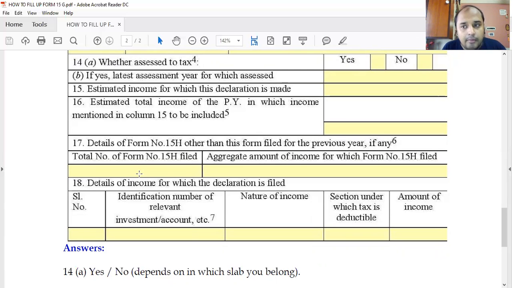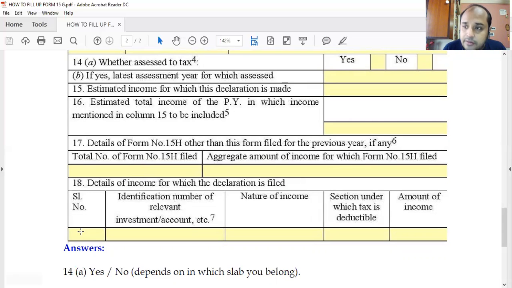But if you do not submit anything, you write 0. So this amount will be 1, and the income in that particular block of that particular form is your income. That income and this income will be added and written over here as aggregate amount of income. But if you write 0 here, it will be not applicable.